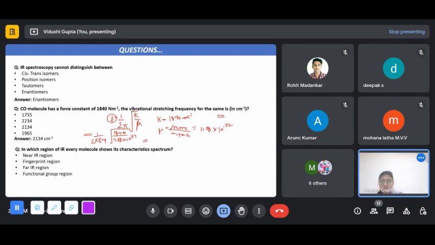It's 1 divided by 2 into 3.14, under root of 161.68 into 10 raised to 27.